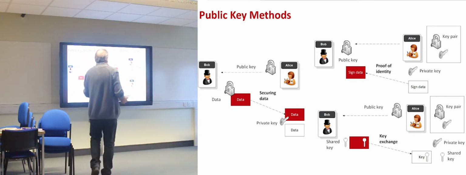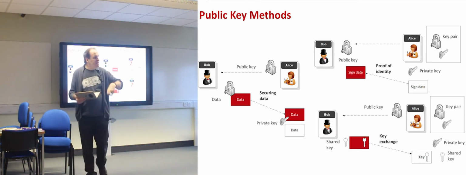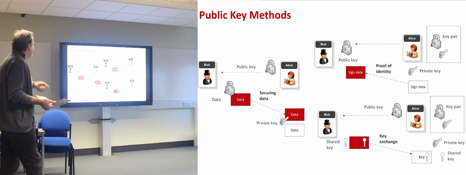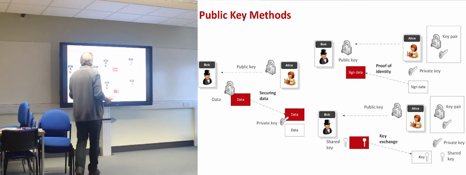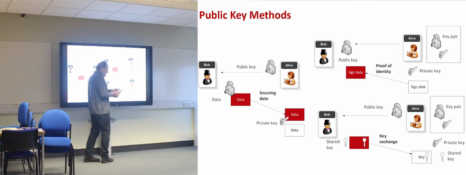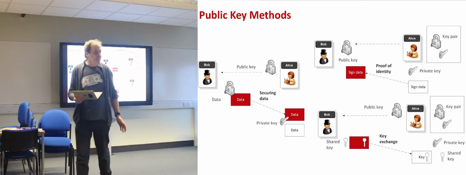So basically what happens is that Alice signs some data with her private key, might be the hash of a message. She then sends that over as a proof of identity. So over here, Bob takes the public key of Alice and checks the signed data.